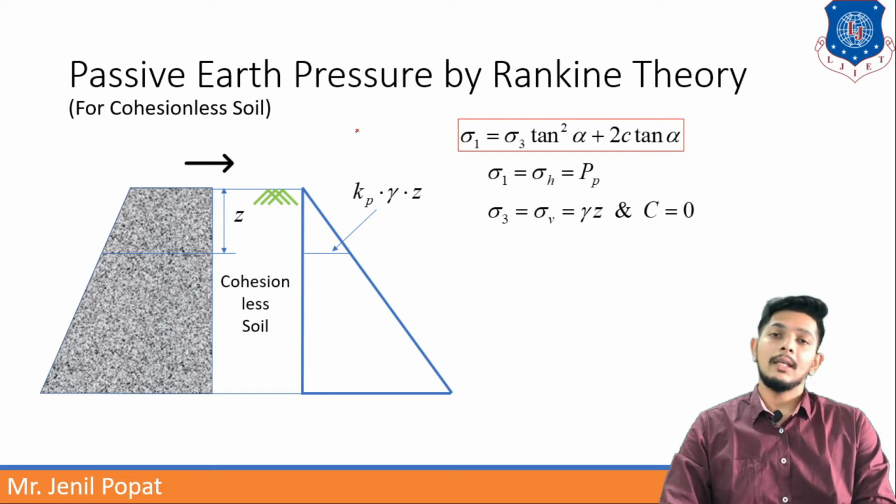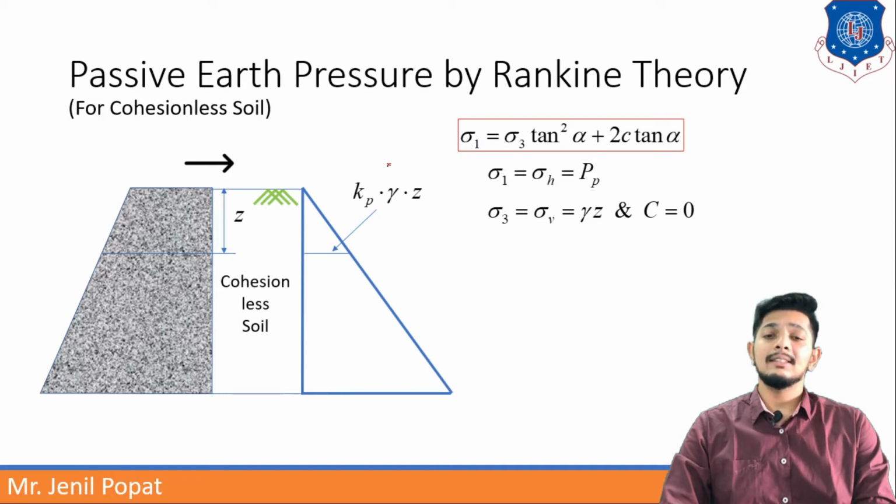Here, in the case of passive earth pressure, sigma 1 major will be sigma h, we can say Pp, and sigma 3 is equal to sigma v, we can say gamma into Z as vertical stress. And c will be 0 here as it is cohesionless soil.